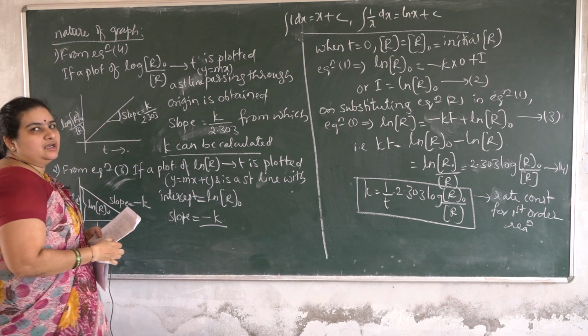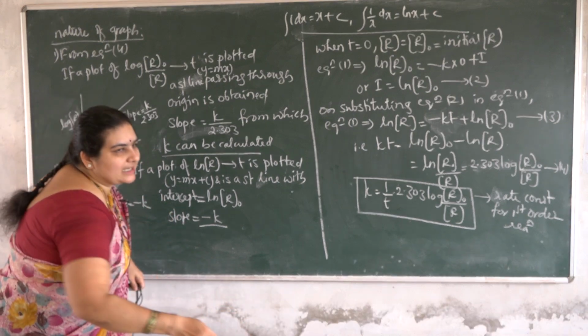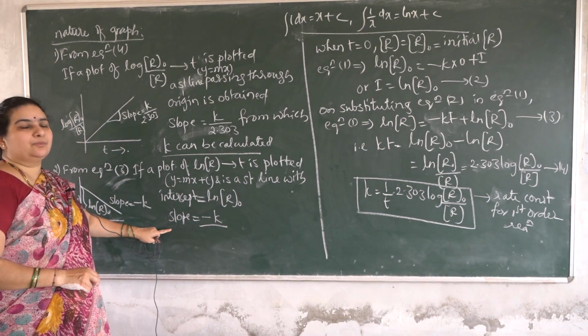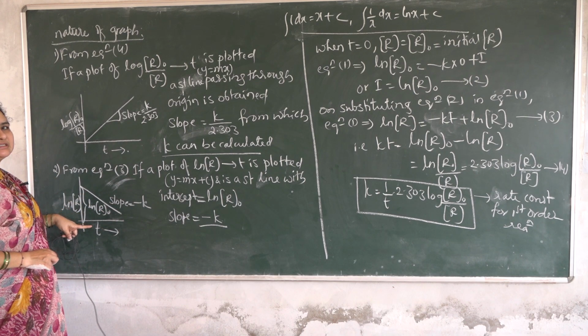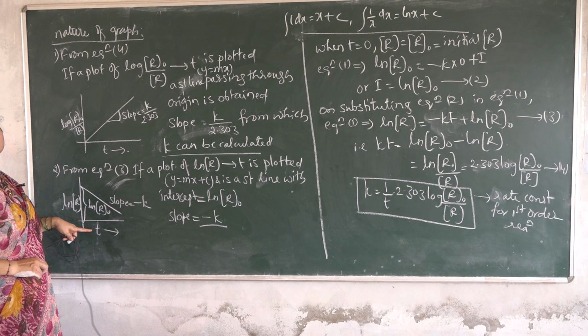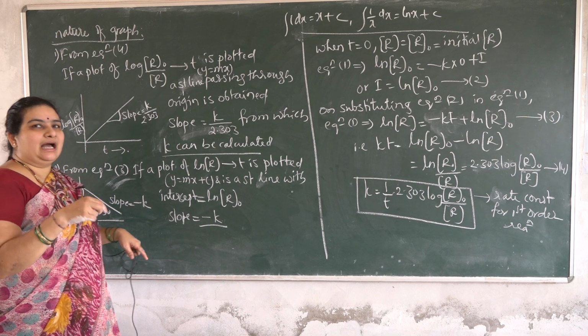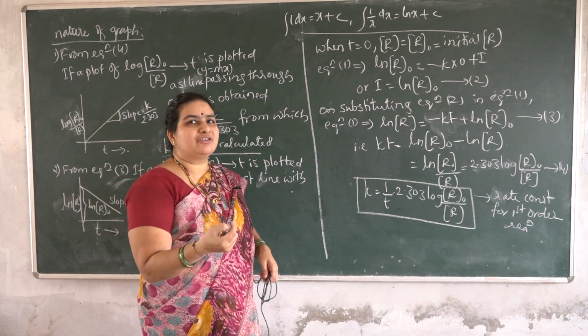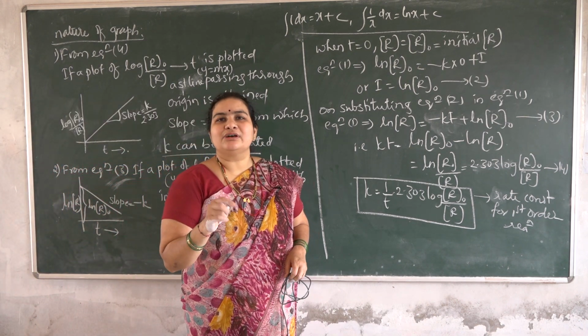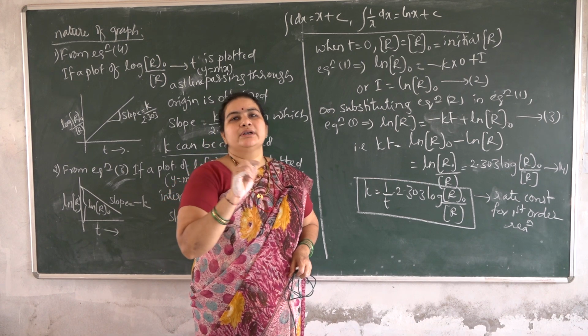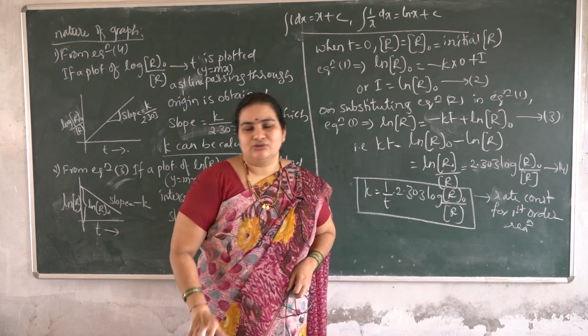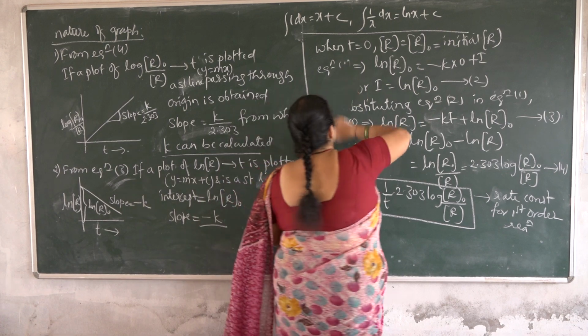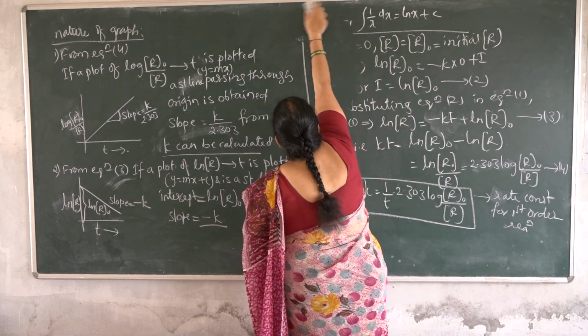Here you may be asked a question, what is the value of slope? This plot, the nature of the graph, is given, and you will be asked questions like: what is the order of the reaction, what is the unit of rate constant of the reaction, what is the slope of the reaction, like that. So here first order reaction ends.